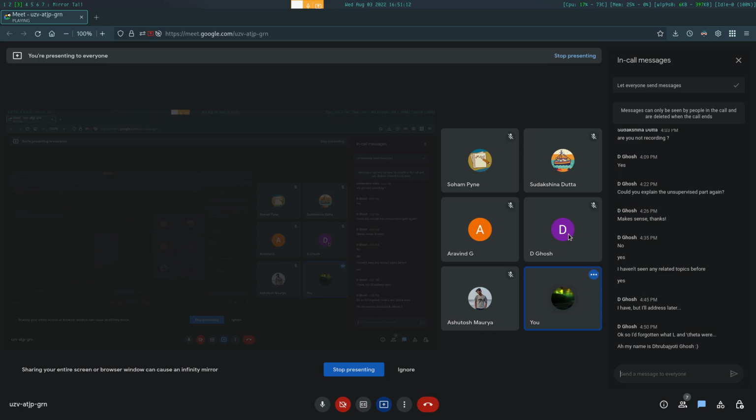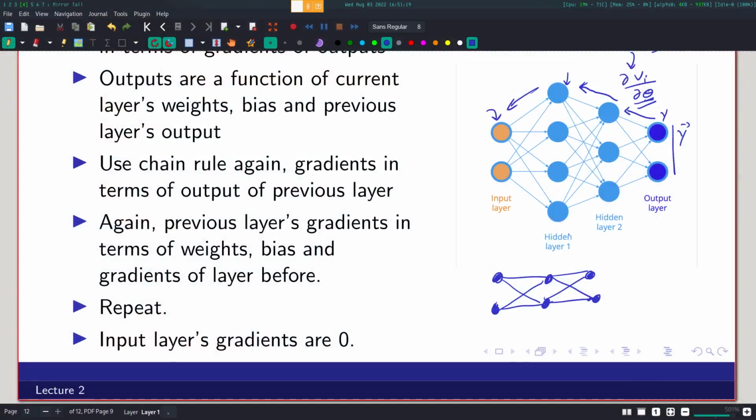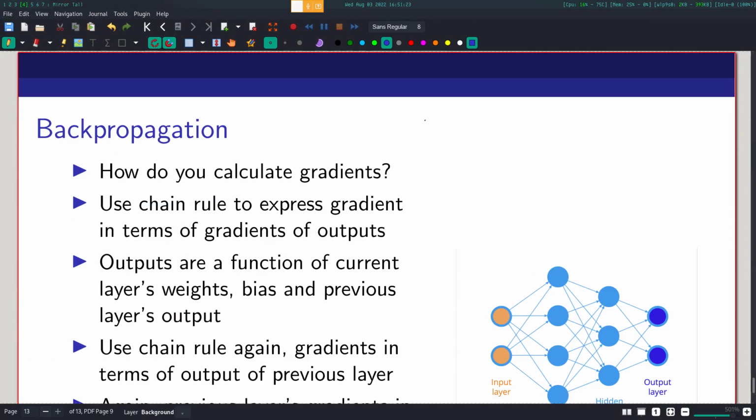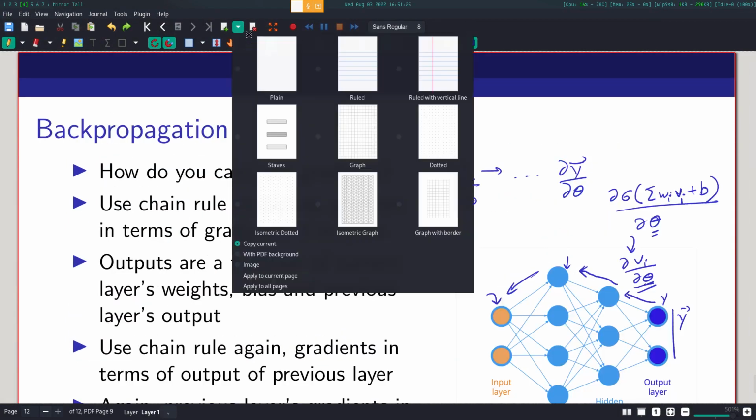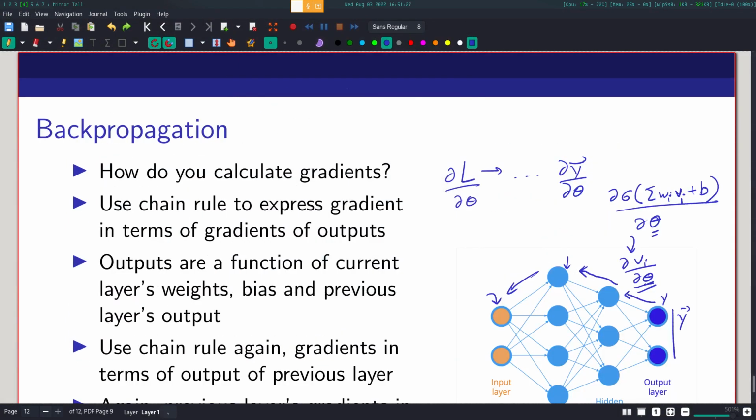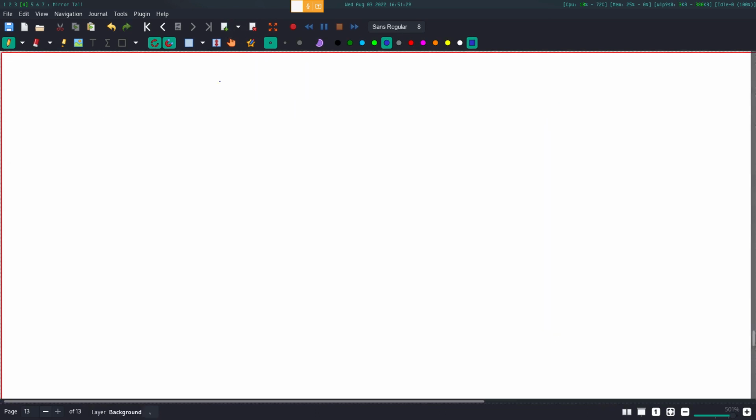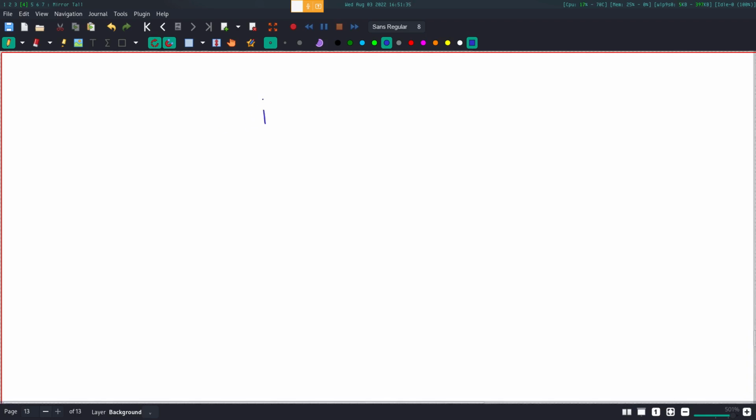Alright, so I'll go over what L and theta are. I'll just give you a recap overview. We have some parameterized function approximator, which is a neural network.